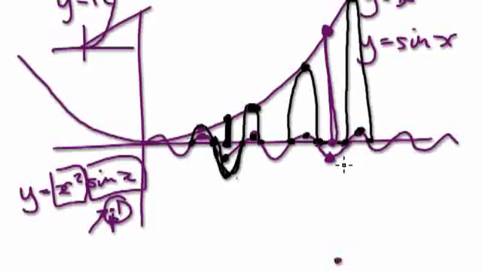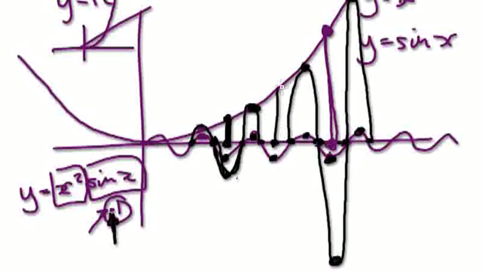The reason it's being flipped is because of this -1 here. This point will get moved down to here, so on the negative side it will look something like this. Same reasoning here: with this magnitude, this gets flipped, so it's going to be somewhere around here. With 0 here, it will look something like this.